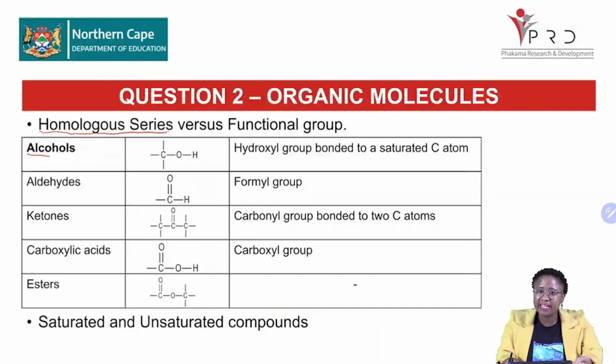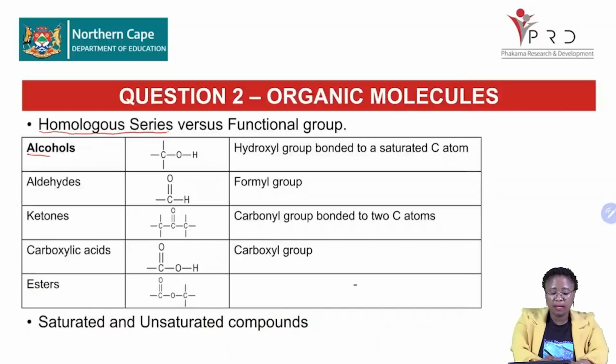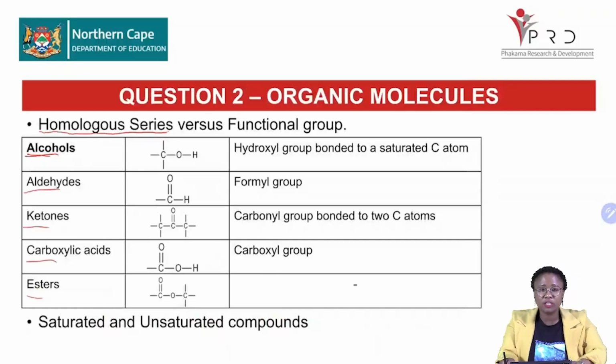You know alkanes, you know alkenes, you know alkynes, you know alcohols, as well as your haloalkanes. Yes. And then these ones that I have screenshotted here are the ones that I want you to make sure that you know, because these are the ones that are giving us trouble. So remember, alcohols, aldehydes, ketones, carboxylic acid, and esters. That is where our problem is.